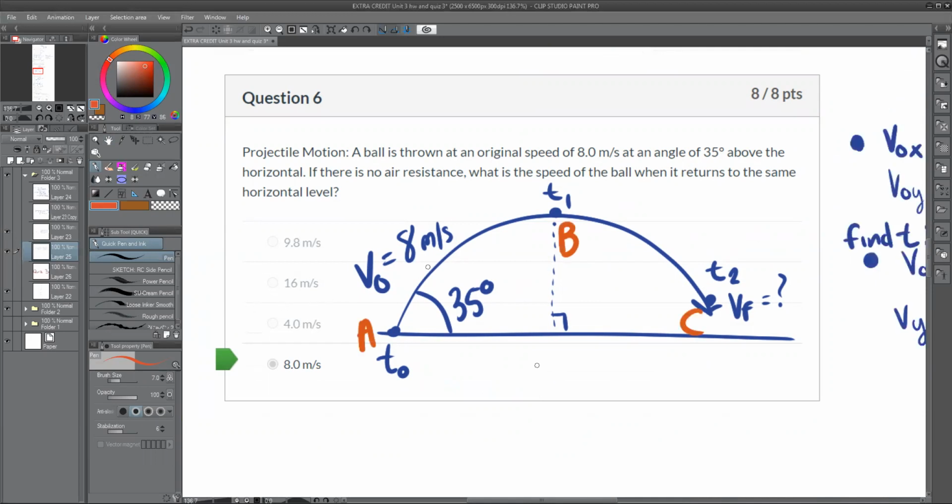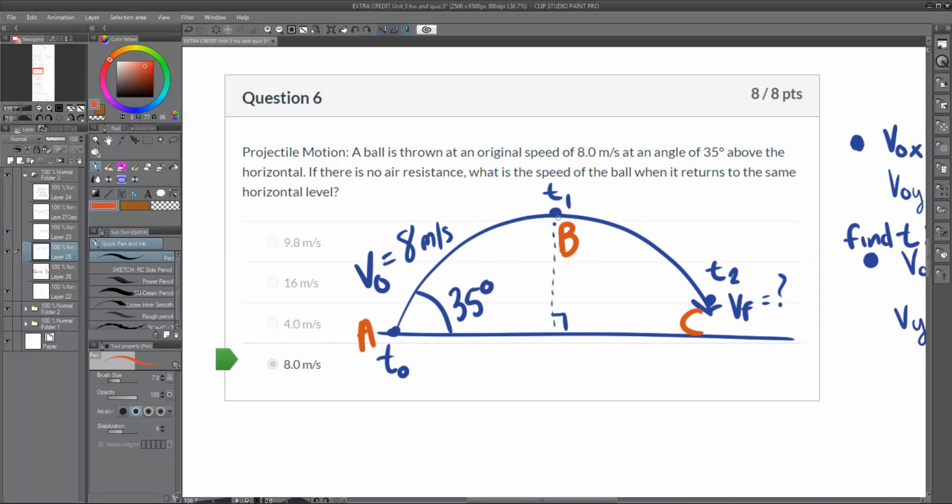So this is where stuff starts getting a little bit complicated. We know that our initial velocity is 8 meters per second. We know that theta is going to be 35. And we have basically the 3 different points of projectile motion. Point A is the very beginning where t is 0.